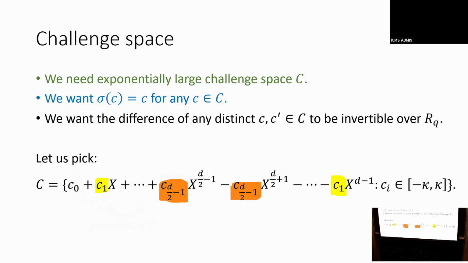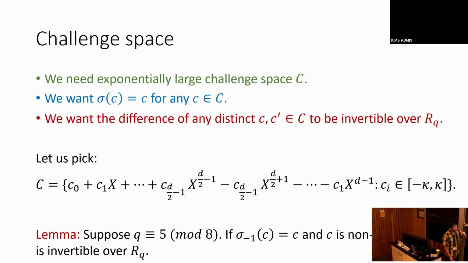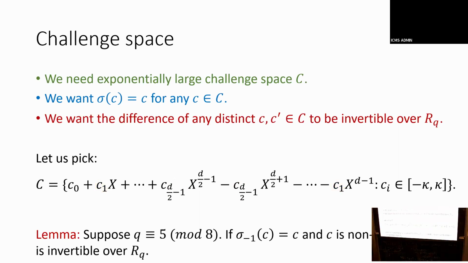Okay, and this is the argument for why sigma of C is equal to C. We also prove in the paper that if Q is 5 mod 8, then if C is non-zero and stable under the automorphism, it's invertible over RQ. So this gives some kind of field property.